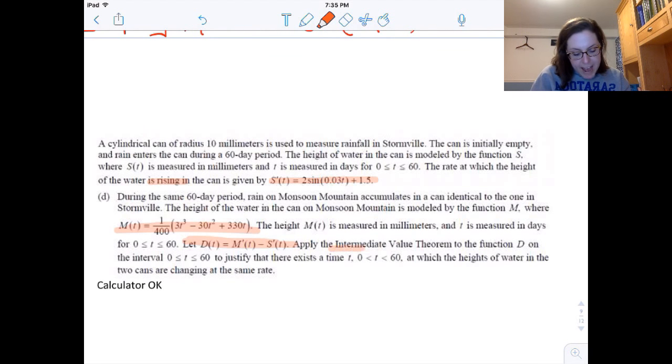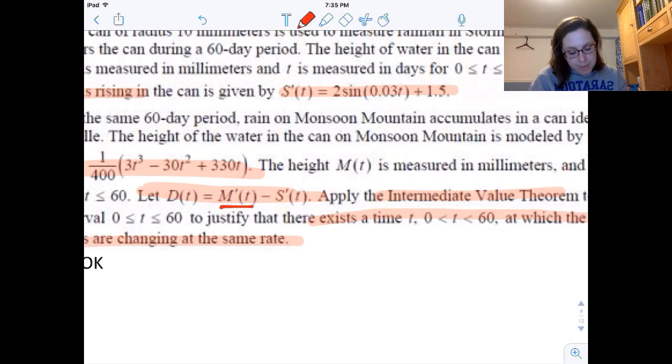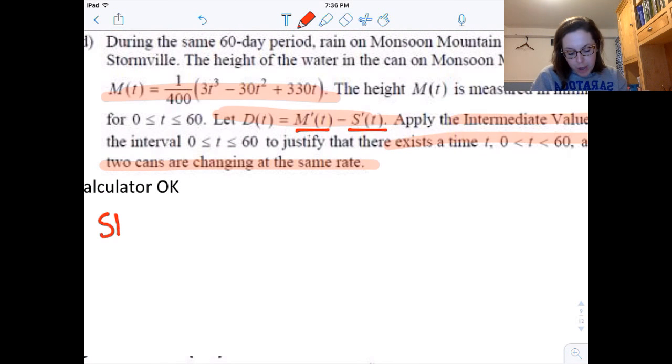Apply IVT to show that there exists a time between 0 and 60 at which the height of the two cans are changing at the same rate. So think about this. If they're changing at the same rate, then wouldn't M prime of t and S prime of t be the same? And if they're the same, we want to show that D of t equals 0.